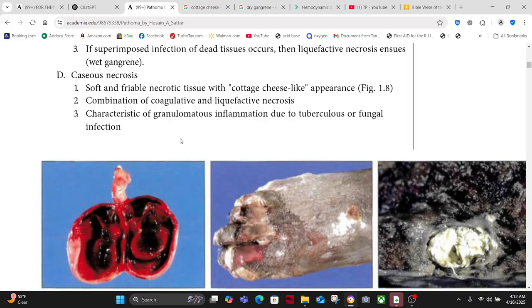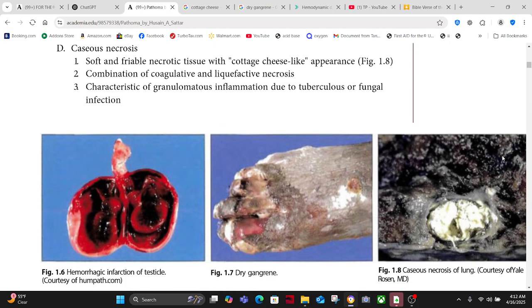So both of those would result in caseous necrosis. And this right here is of the lung. Down here, this is caseous necrosis of the lung.